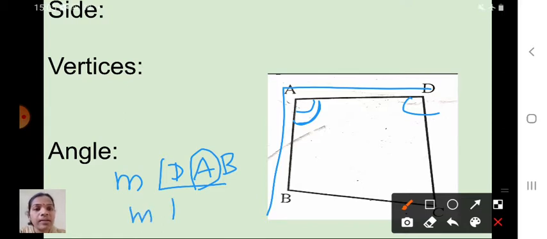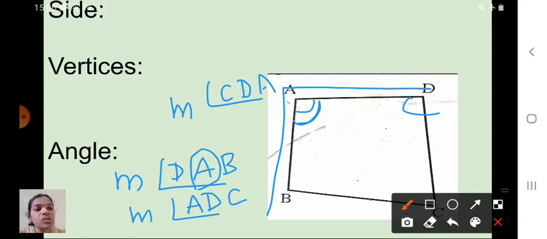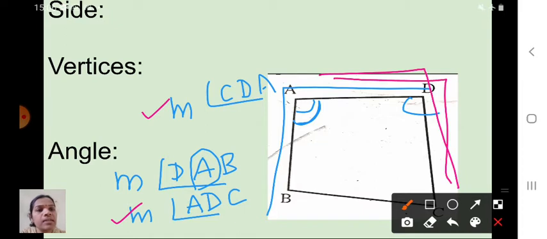Measurement of angle ADC, or measurement of angle CDA. Very good. You have to see these two: measurement of angle ADC or CDA.